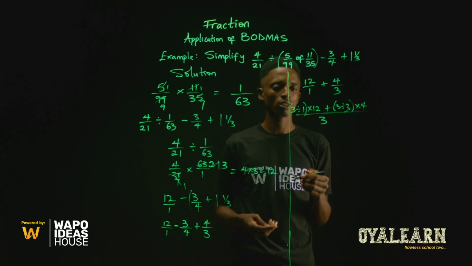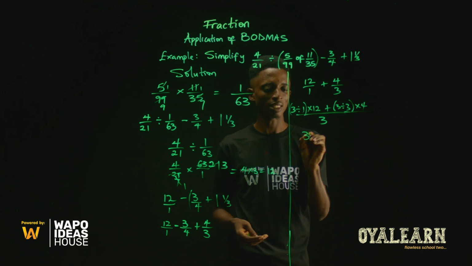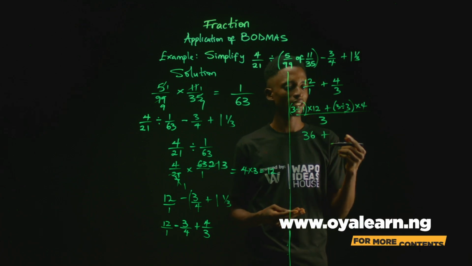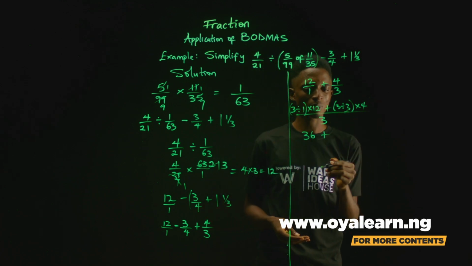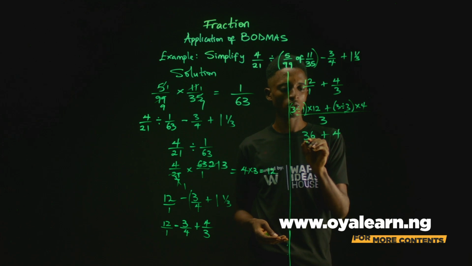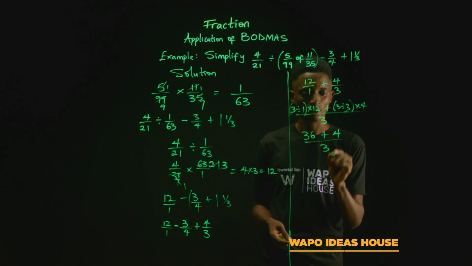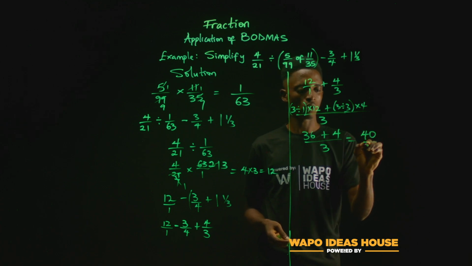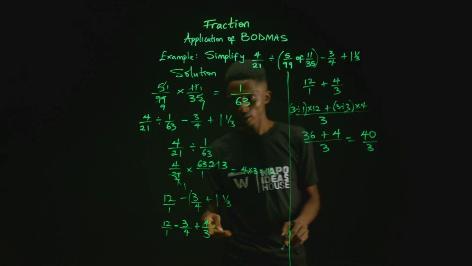And 3 times 12 would give us 36. So we have 36 plus 3 divided by 3, that is 1. 1 multiplied by 4 will give us 4 over 3. And when we work with this, this gives us 40 over 3.